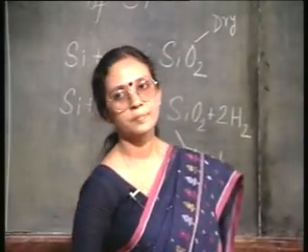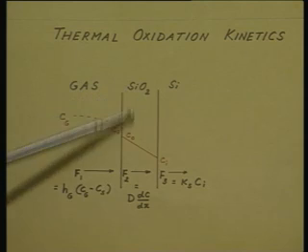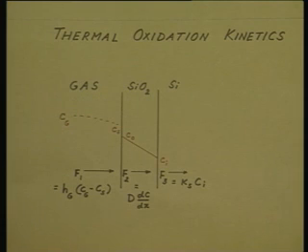First of all, let me draw your attention to this chart. What do I have here? This is a perfectly generalized situation when silicon is getting oxidized. So, I have silicon, and because I want to make it general, I have taken a non-zero silicon dioxide layer.